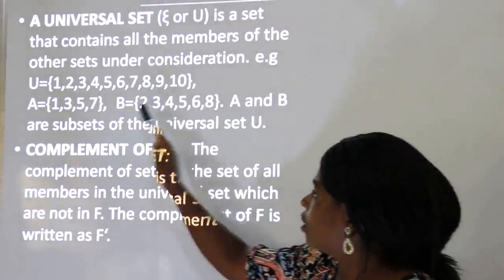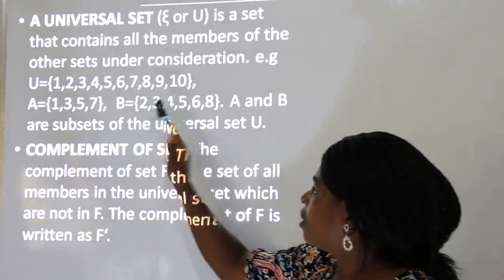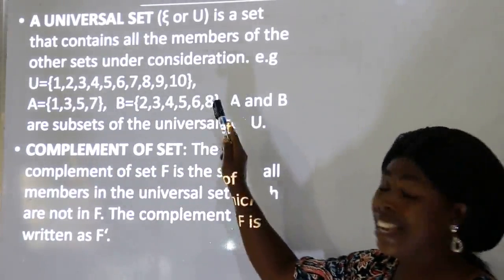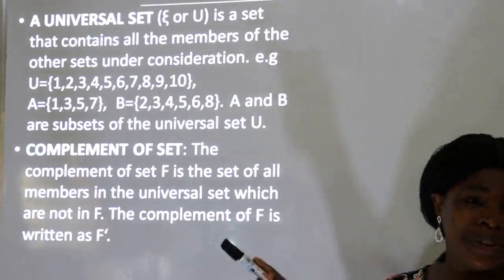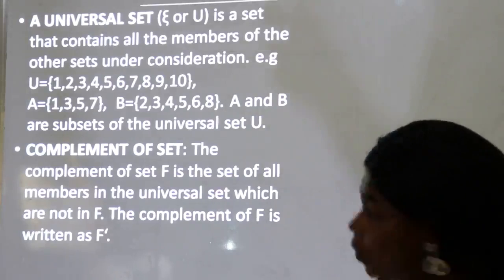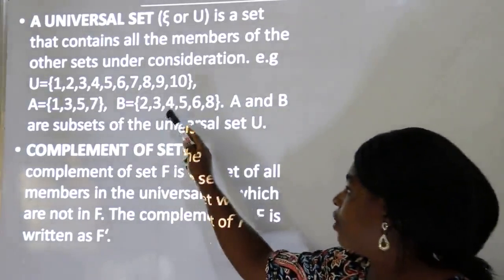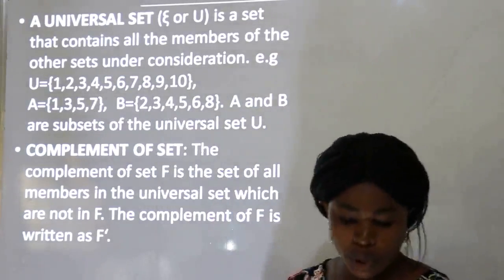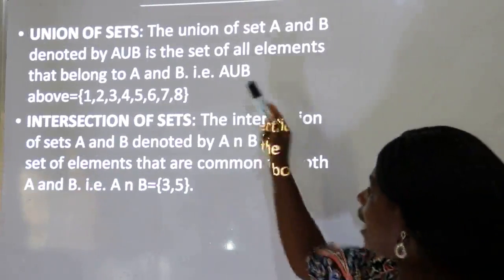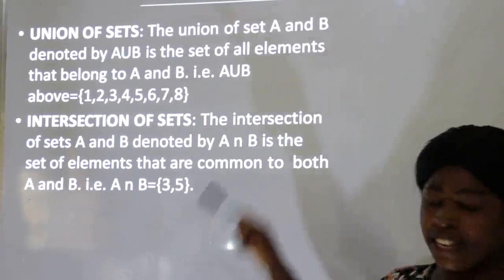It will be 1, 2, 3, 4, 5, 6, 7, 8. That is the union of set A and B. You can see we have 3 here, 3 here, 5, 5, but we will not double it. So that is union of a set.